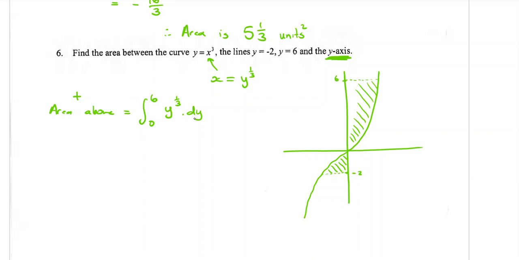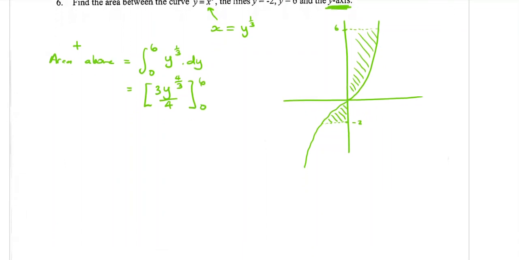Okay? Integrating, we add 1 to the power, which becomes 4 over 3. Dividing by the 4 over 3 means we'll flip that upside down to be 3 over 4 between 0 and 6. And then we sub in.